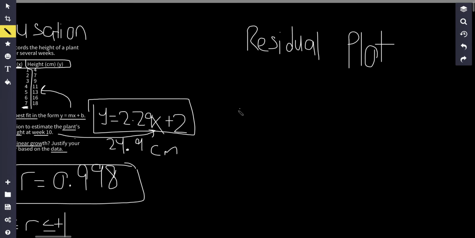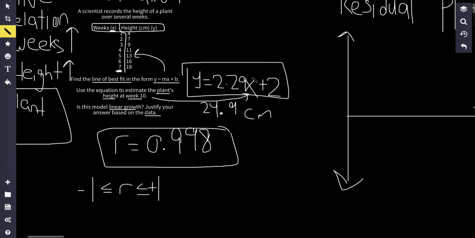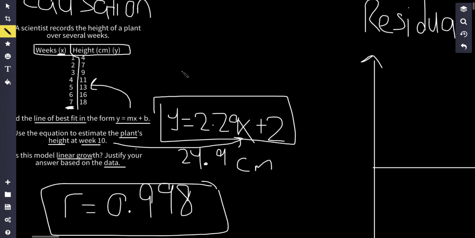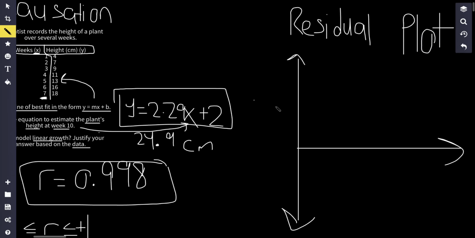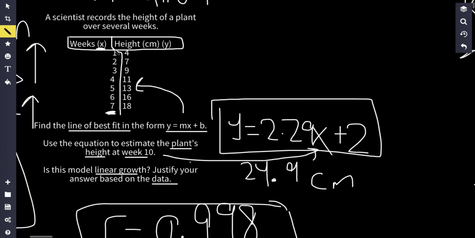So to determine if you want to use a quadratic, exponential, or logarithmic line of best fit, you're just going to plot a residual plot. So how does this work? For starters, we're going to focus on these y values and the corresponding x values. You've got to look at this data.